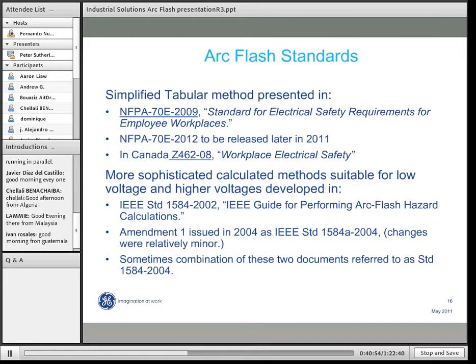Now, these tables don't apply in all circumstances, and they are based on assumed data, of course, typical data for the industry in terms of available short circuit current and tripping times of circuit breakers and fuses.